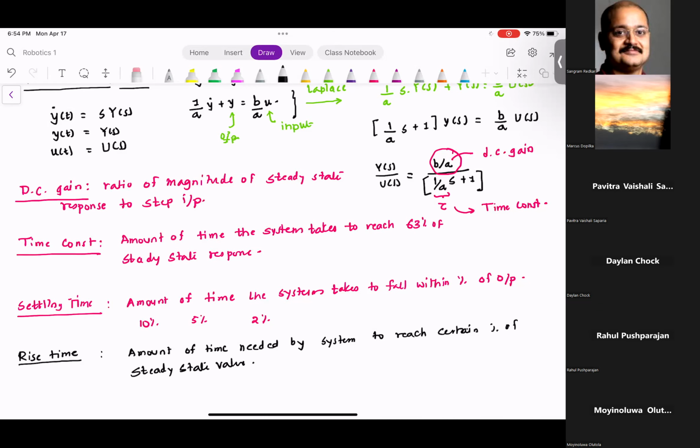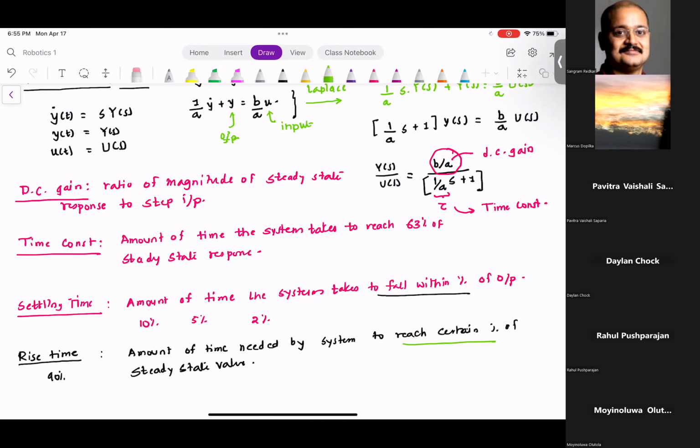So for an example, sometimes you try to find the 90% rise time, which means the amount of time it takes to reach 90% of the steady state value. So please understand, settling time is the percentage within the output, and the rise time is the time to reach that certain percentage of the output.